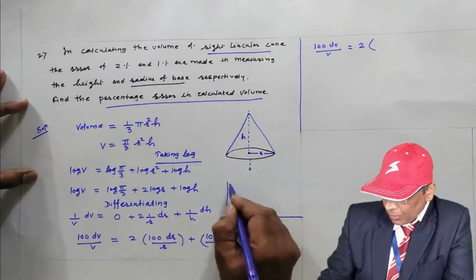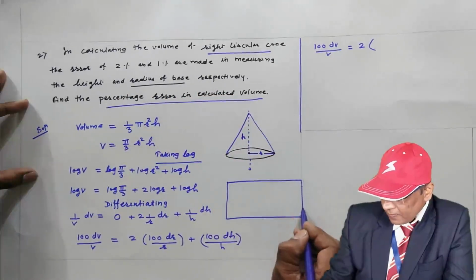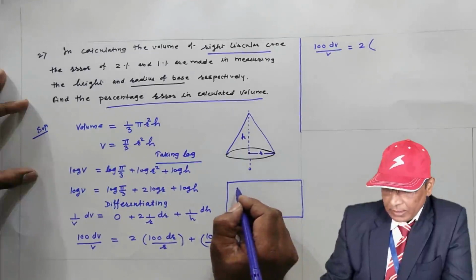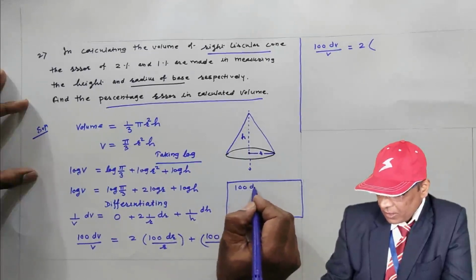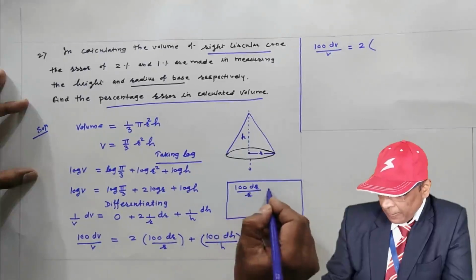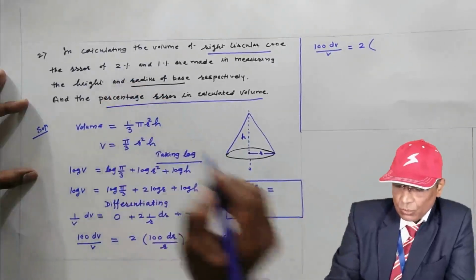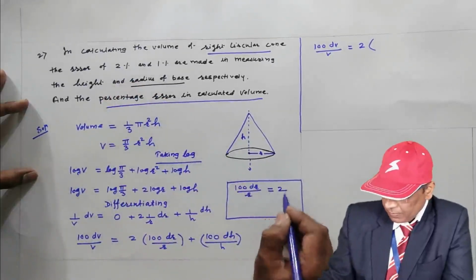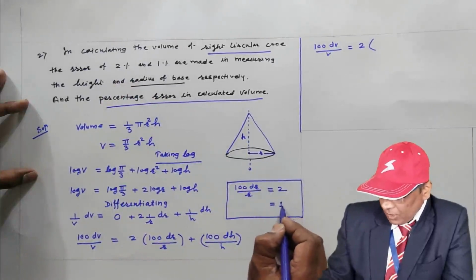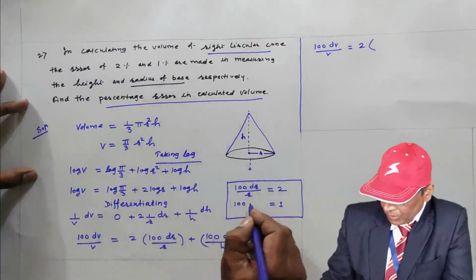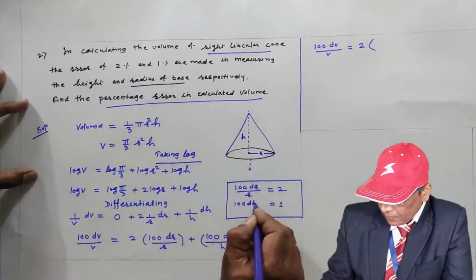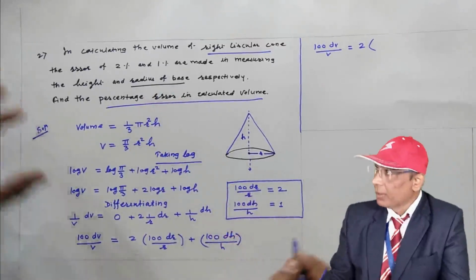See, percentage error in radius of the base is what? 100 dr by r. This is given, which is 2. And percentage error in height is 1.